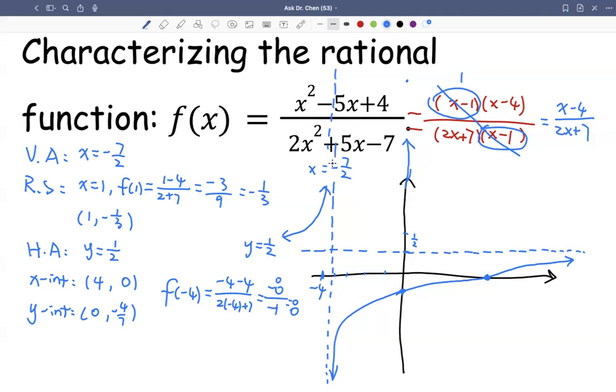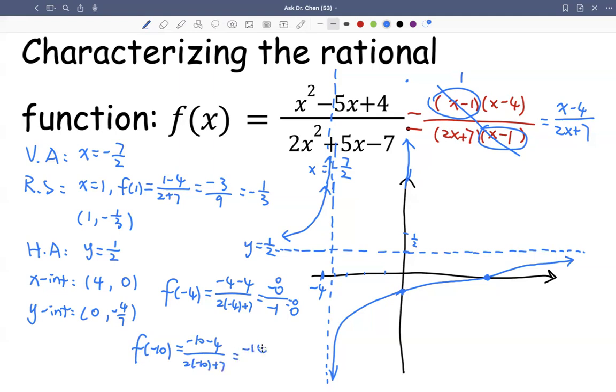As you can see, it gets closer and closer to this asymptote. On the other end, you may try f of -10. It gets closer and closer to a half. That would be -10 minus 4 divided by 2 times -10 plus 7.